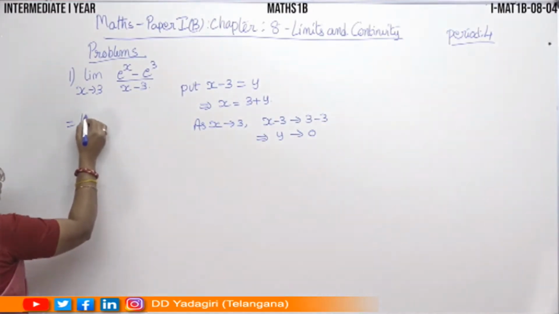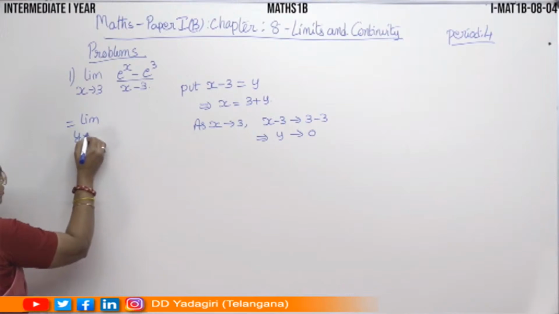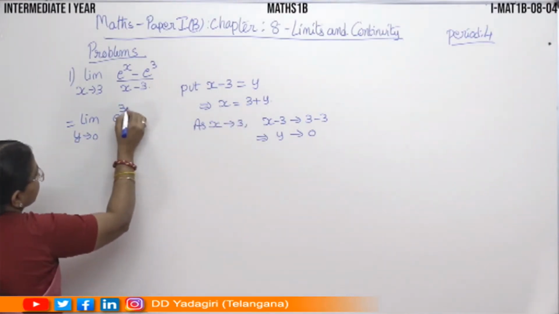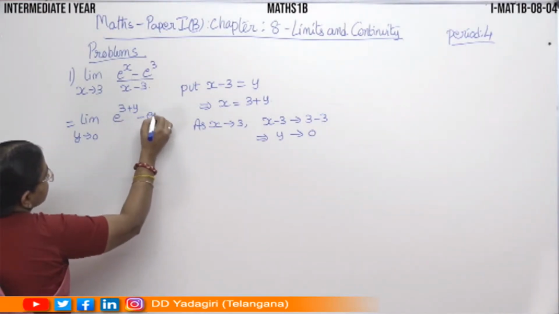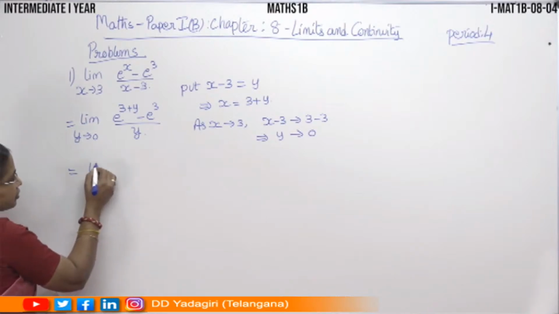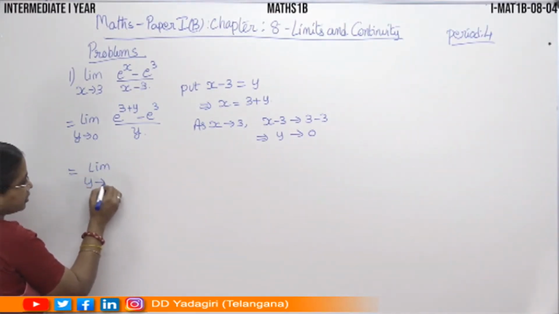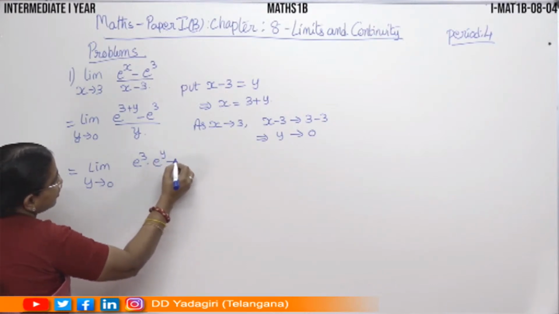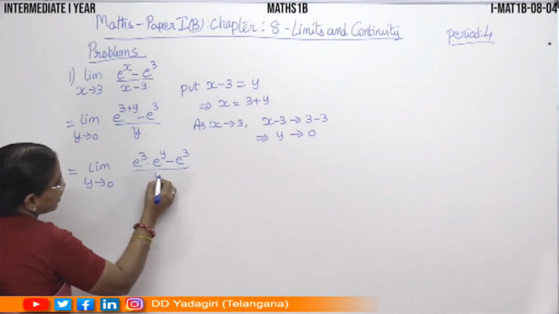So we'll write this as limit y tending to 0 of (e^(3 plus y) minus e^3) by y. Limit y tending to 0 of e^3 into e^y minus e^3 by y.